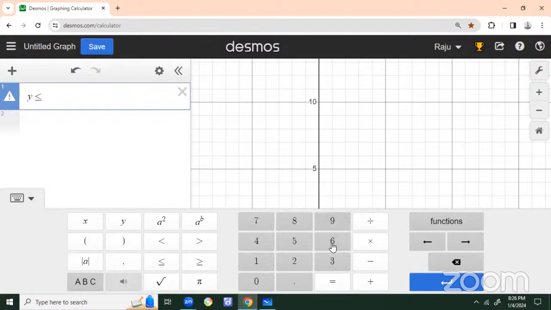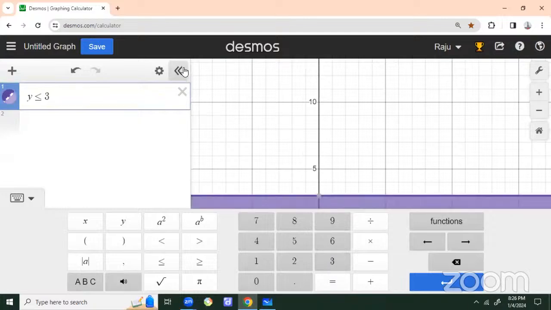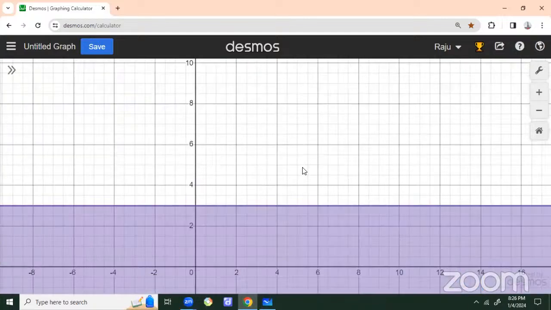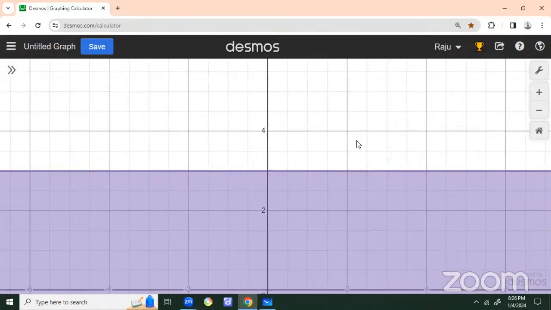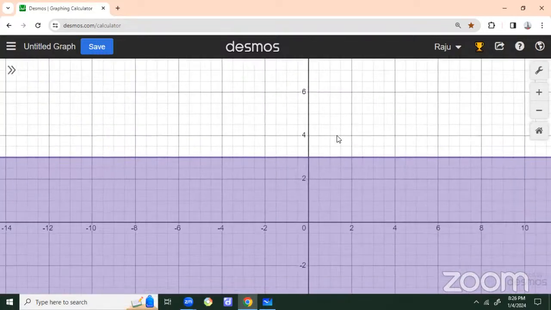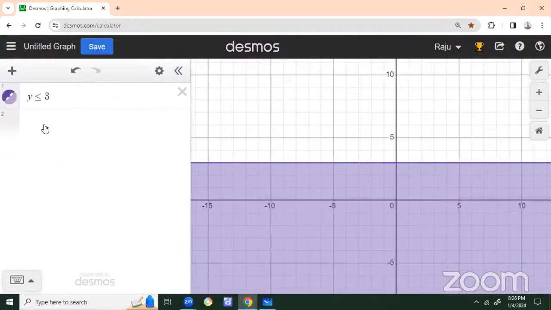Mr. Kal, tell which number? 3, sir. 3. Okay. So what is the boundary line first of all? Is the boundary line y equals to 3? Yes, the boundary line is y equals to 3 and the solution region will be below the boundary line, right?